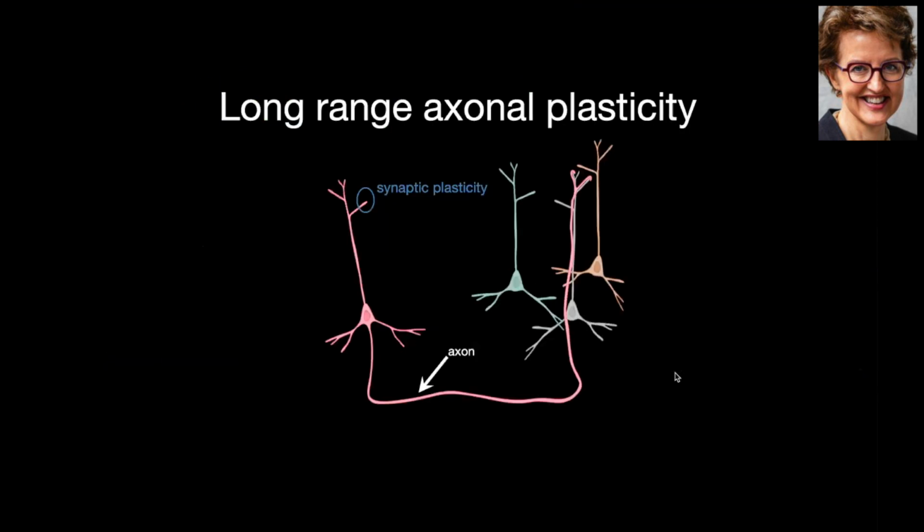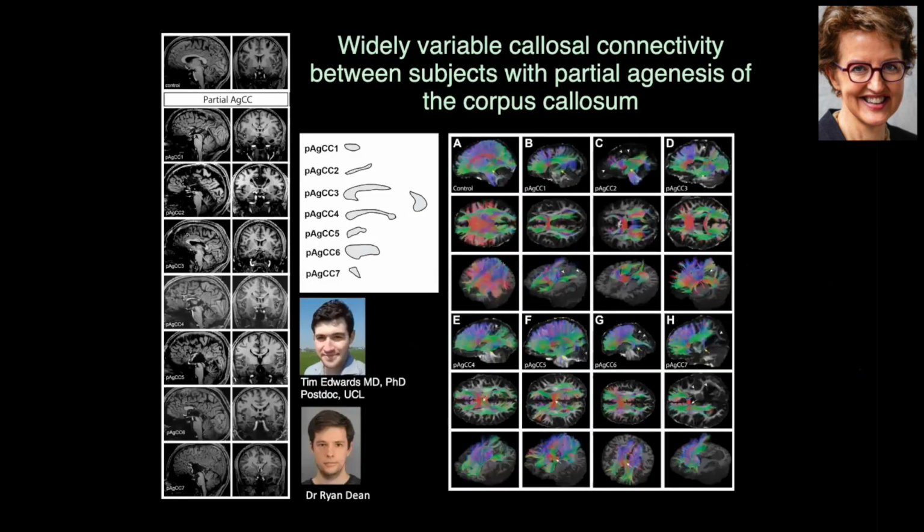And this long-range axonal plasticity is something that our group finds particularly interesting. And we also have seen quite incredible changes in long-range axonal pathways in our human research cohort.